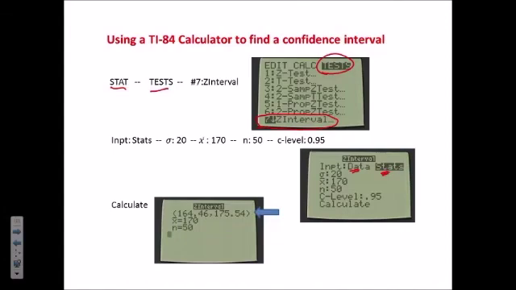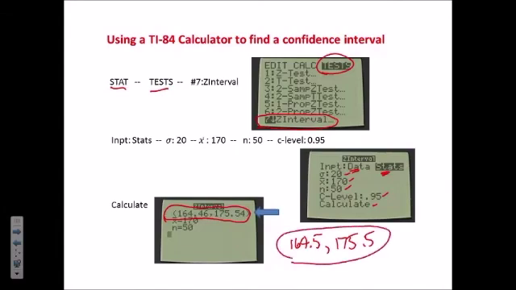So you would first have to go to statistics, hit enter, and then fill in all these items: the standard deviation 20, the sample mean 170, sample size 50, confidence level 0.95. Then you press calculate, and you'll get the confidence interval in this form, which is 164.5 to 175.5. So it's written in a slightly different way, but it's really the same numbers we had before.